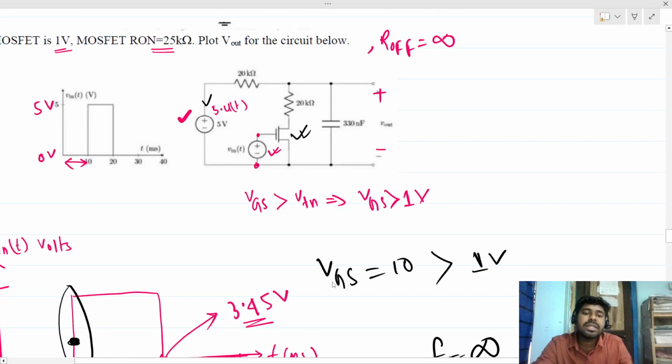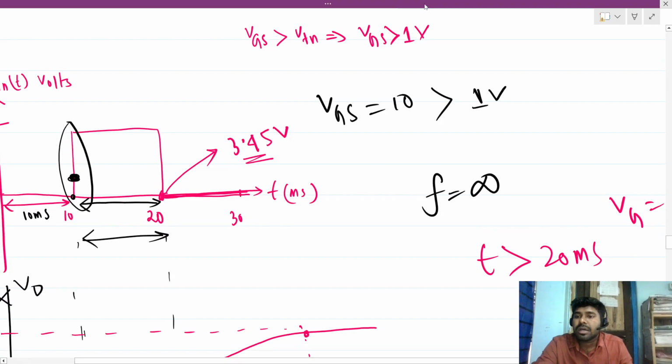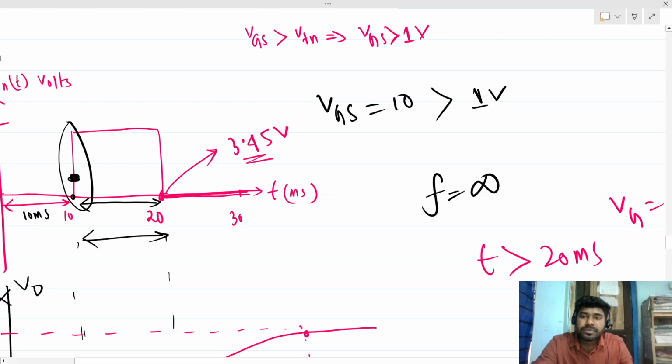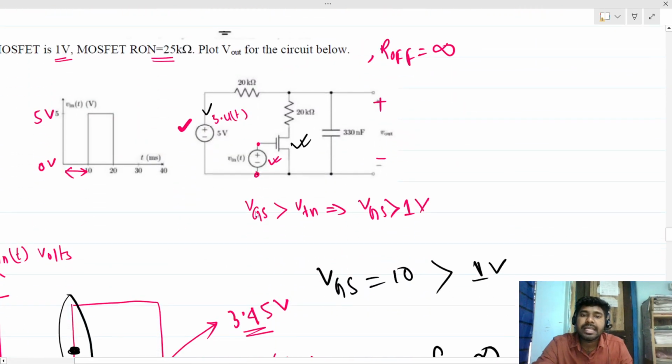So it can charge up to 3.9 volt at 10 millisecond. It cannot reach 5 volt, because 5 times RC is very large compared to the time duration for which the capacitor behaves like a normal RC filter.